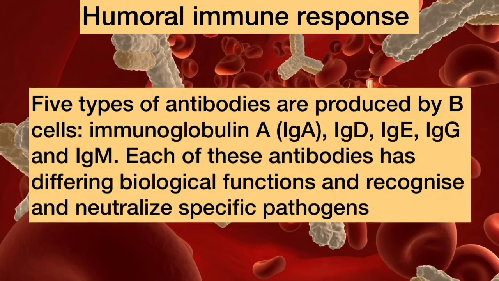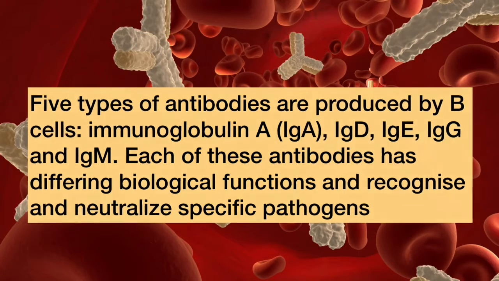Five types of antibodies are produced by B cells, which are immunoglobulin A, immunoglobulin D, immunoglobulin E, immunoglobulin G, and immunoglobulin M. Each of these antibodies have differing biological functions and recognize and neutralize specific pathogens.